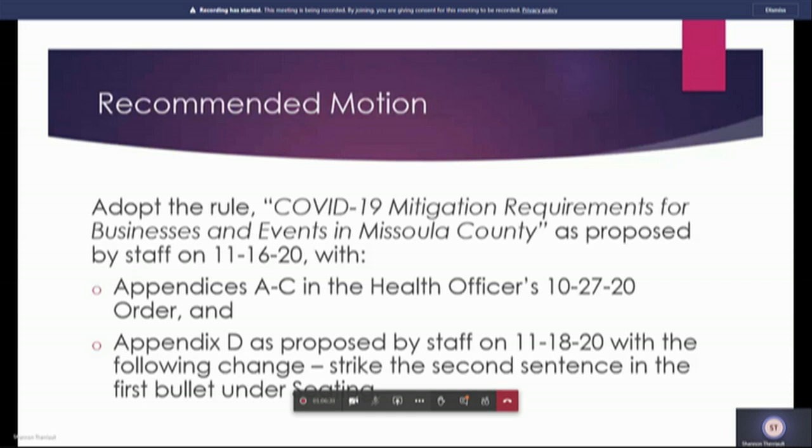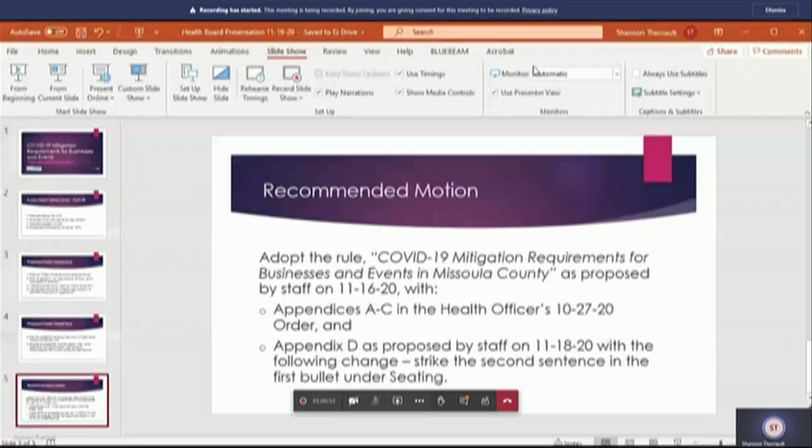So that takes up a lot of space and almost automatically takes restaurants and bars to about 50%, or in some cases less. So that is the end of my presentation on our recommendation for what the board would adopt under this rule after hearing public comment. And I'm going to stop sharing my screen now.